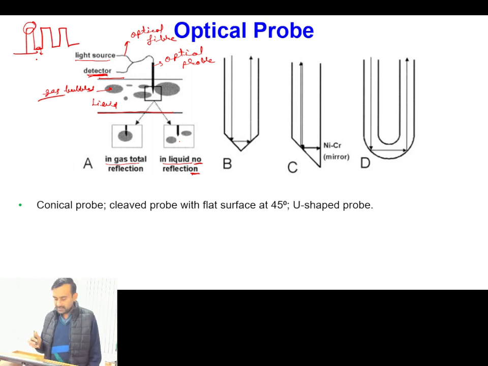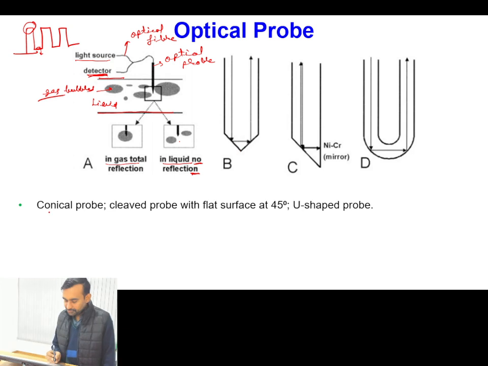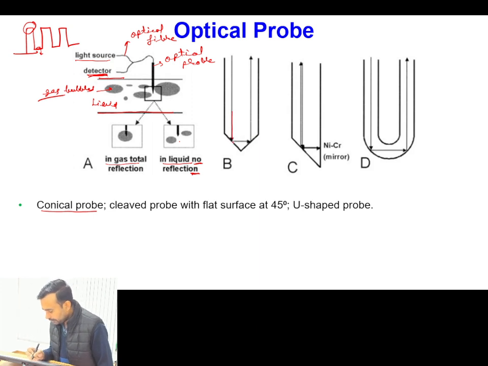Now, what types of probes can we have? The first type is the conical probe. Here you can see this is a conical probe where this is the incident signal. It reflects first from this point, second from this point, and then it moves out like this. Another can be a cleaved probe with a flat surface at 45 degrees.